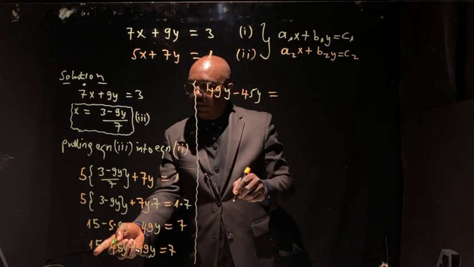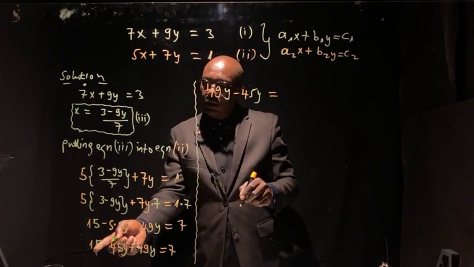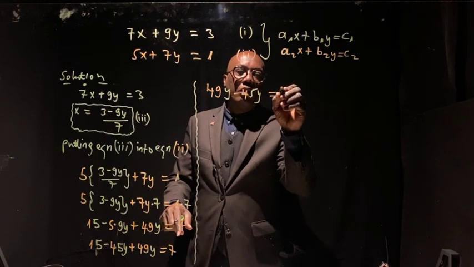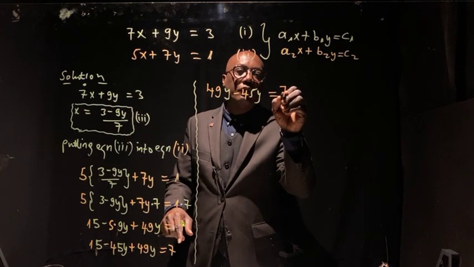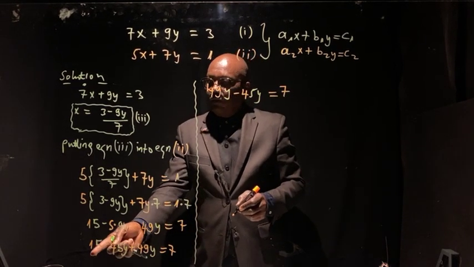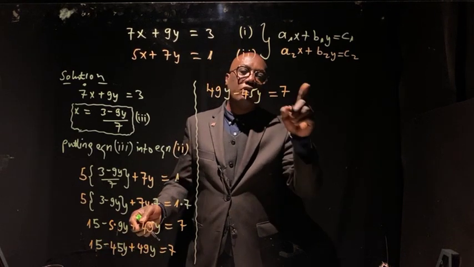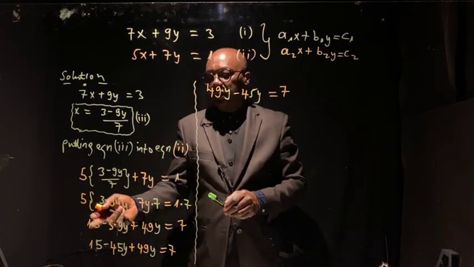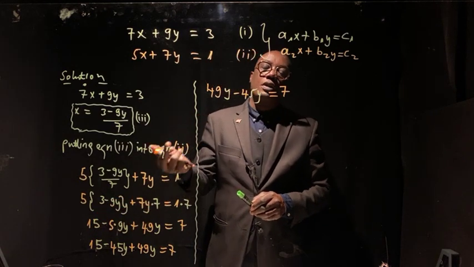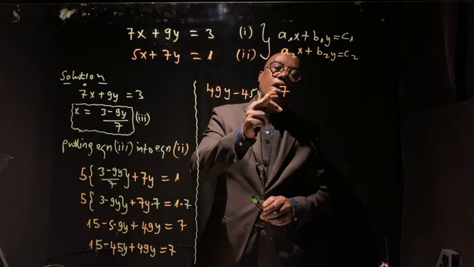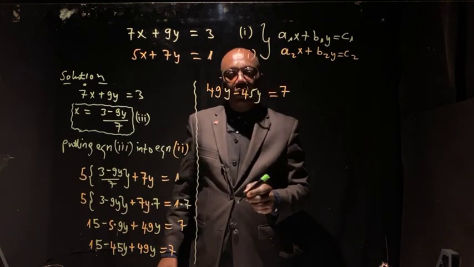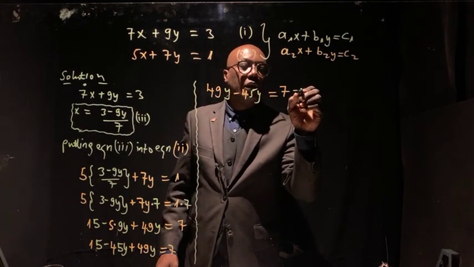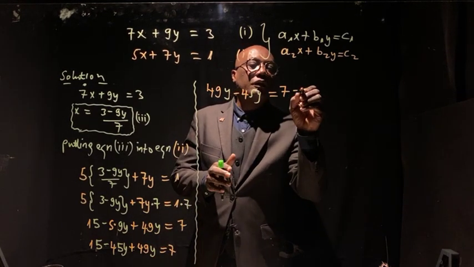Being positive here, when it crosses to this side, it is going to be negative. So already at the right hand side, we have 7 there, and the 15 is traveling to the right hand side. Being positive at the left hand side, once it crosses over the frontier, it becomes negative. So minus 15.